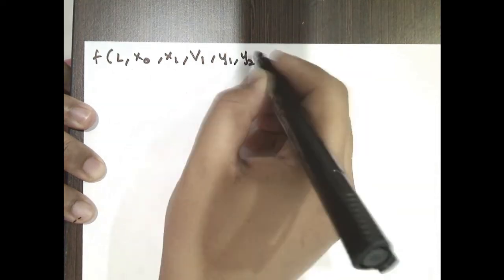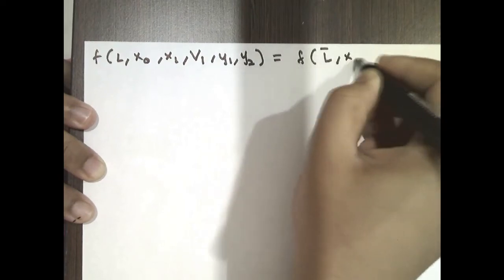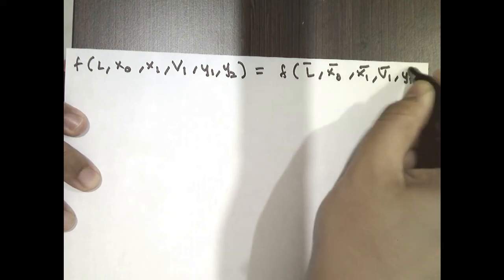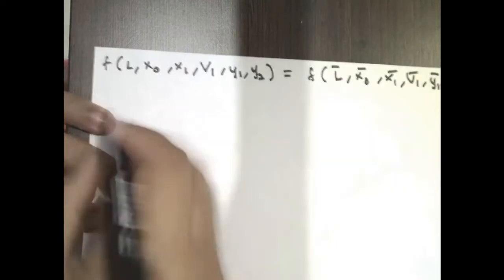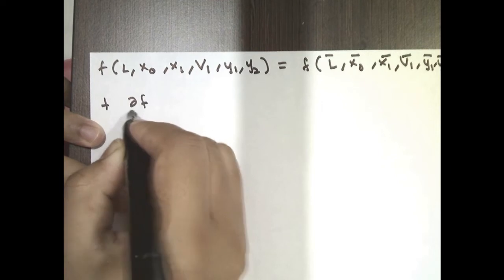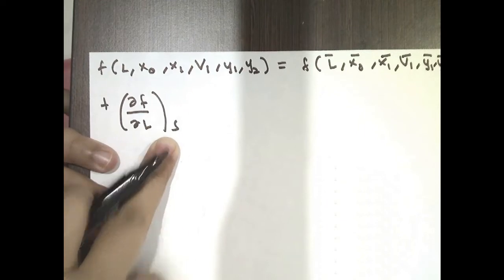So the Taylor series just now, you just write again the value F of L, X naught, X1, V, Y1 and Y2, and then we have F of L bar, X naught bar, X1 bar, V bar, Y1 bar and Y2 bar, plus F over, so this one put in steady state.